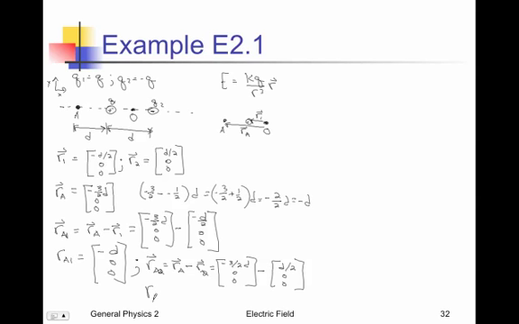So RA2 means this distance, right? So what we did is we're taking the location of A and subtracting the location of Q2. So we should get this vector. So I would assume that we're going to get 2d here. Let's see what we get. So negative 3/2 d minus d over 2 would give me negative 4/2 d. So 4d over 2.